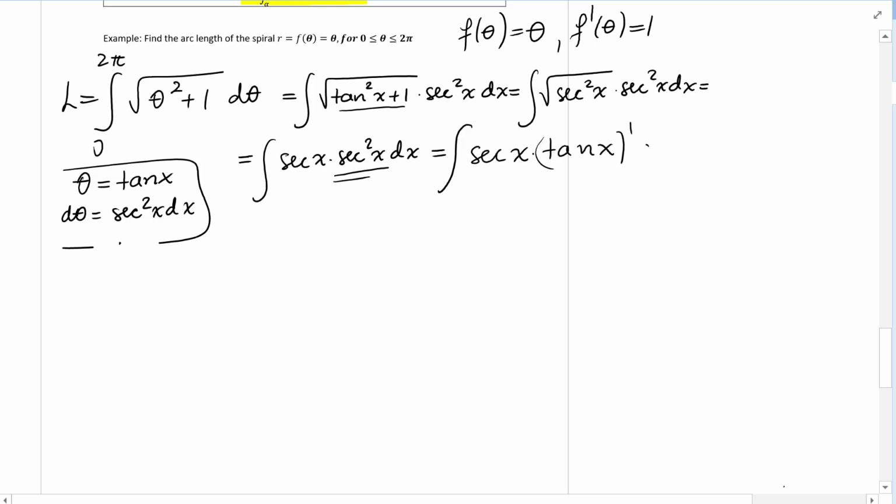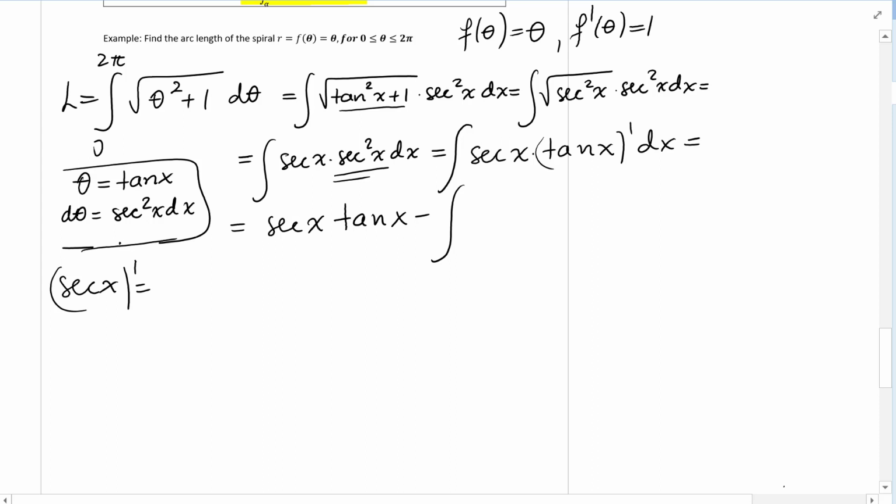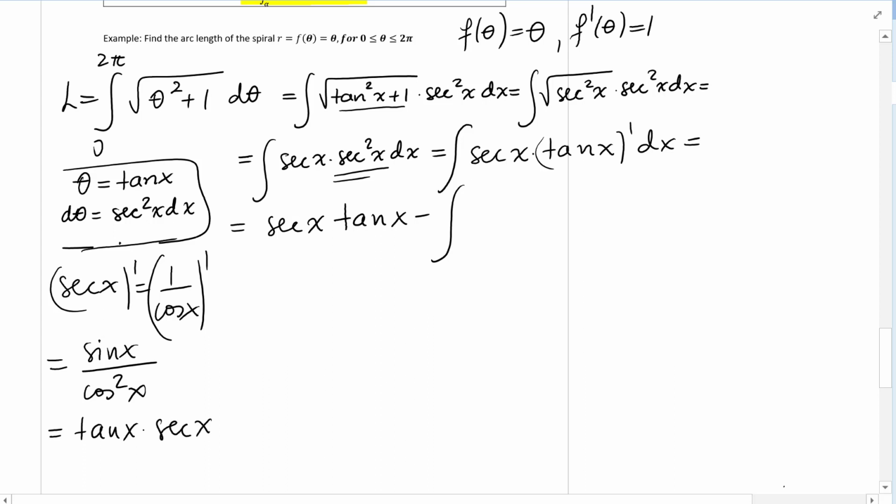So using integration by parts, this equals secant of x tangent of x minus the integral of secant of x prime times tangent of x. Well, secant of x prime, it's 1 over cosine of x prime, which makes it sine of x over cosine squared of x, which is tangent of x times secant of x. So it's tangent of x times secant of x times tangent of x dx.